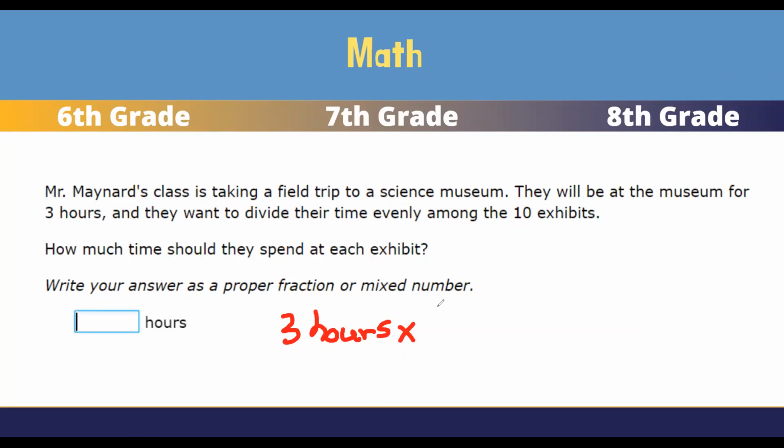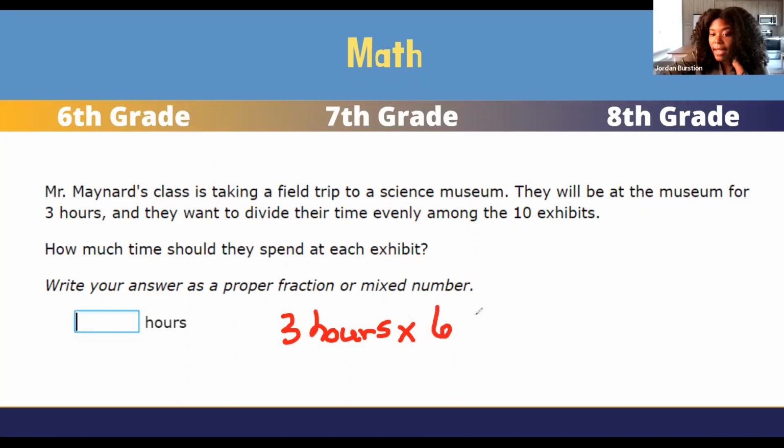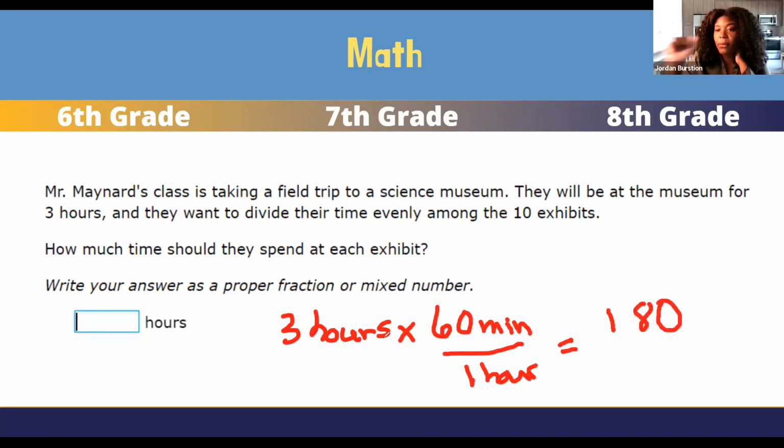If I want to convert 3 hours into minutes, you have to multiply by the conversion factor, 60 minutes in 1 hour. Three times 60 is 180. If 1 hour is 60 minutes, 2 hours is 120 minutes, 3 hours is 180 minutes.